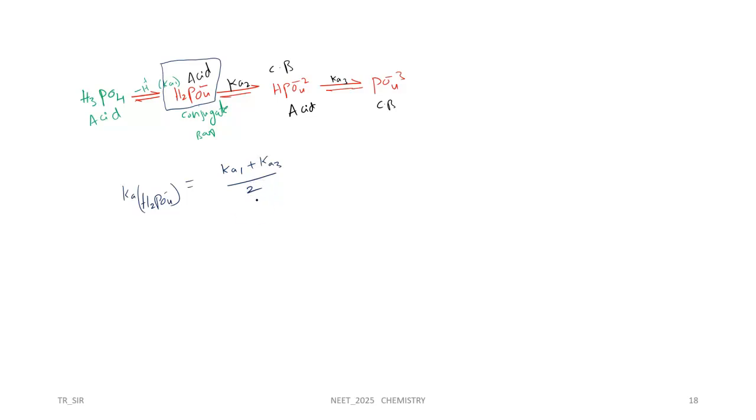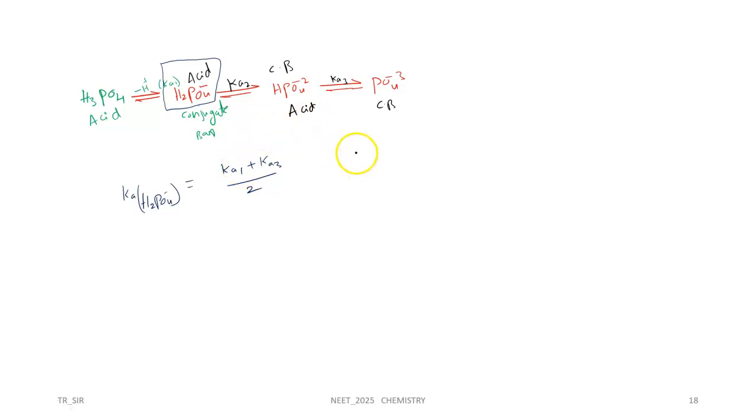This will be the dissociation constant of H2PO4 minus. Why? Because for this acid, the next species becomes its conjugate base, and for the previous one, this is the conjugate base.